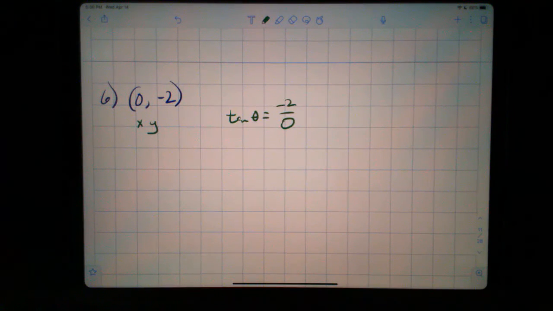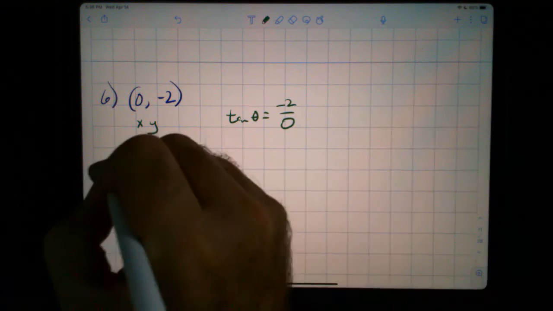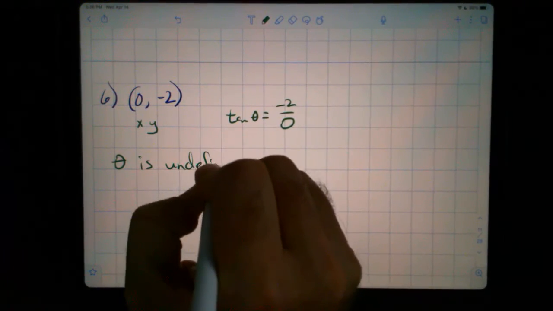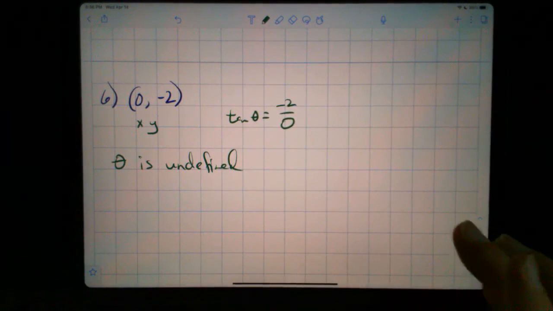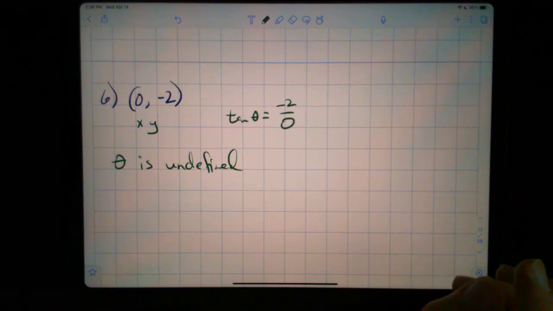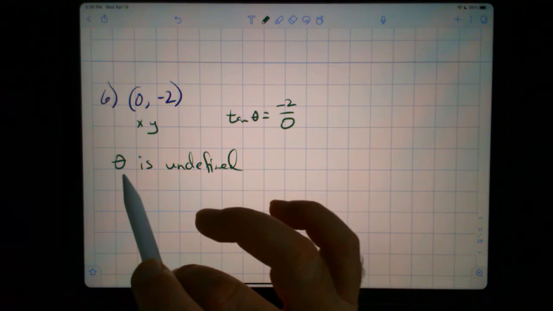This one is not possible. This is undefined. I mean, yes, we can get a radius, but we don't have an angle measure.